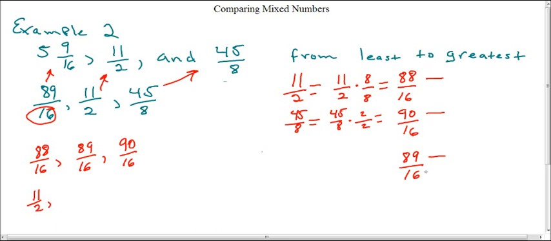Then the second least number will be 5 and 9 over 16. And of course, our greatest number will be 45 over 8. So either way, these are from least to greatest.